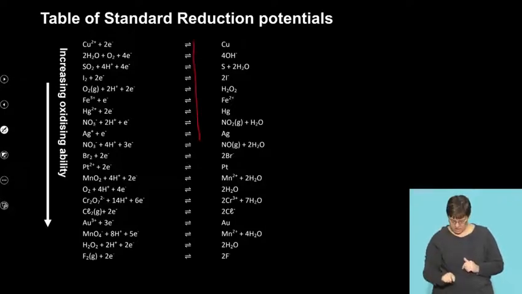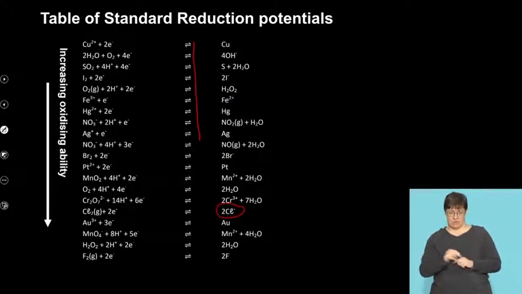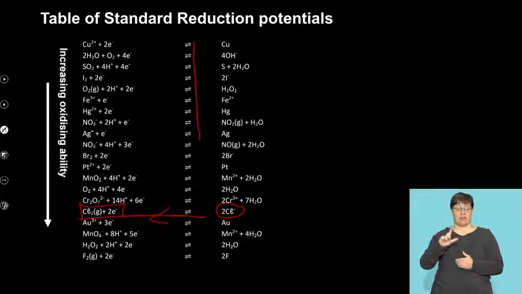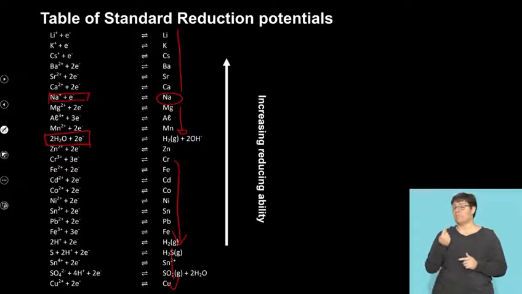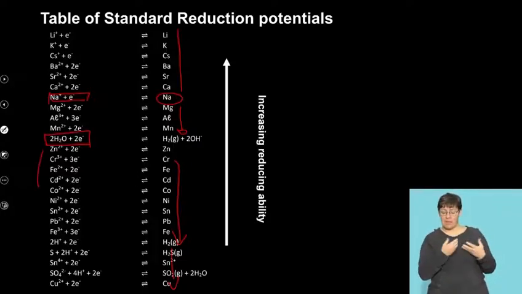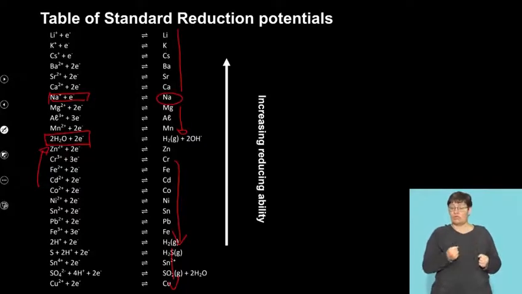We run all the way down till we get to the chloride ion, and we see that that's producing chlorine gas. We're going to need to write that and change it around, but let's select the equations. So this is my strongest reducing agent. On the other slide, I'm going to need to find an electrode that is going to give me, starting with the strongest oxidizing agent.